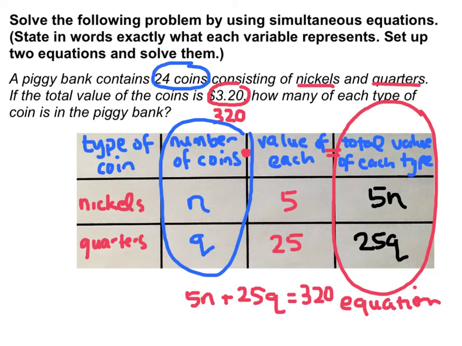So that will be my second equation. n plus q equals 24. So there are two equations. One equation dealing with the number of coins, and one equation dealing with the total value of the coins. So now we have a system of equations, and we will then have to solve it.